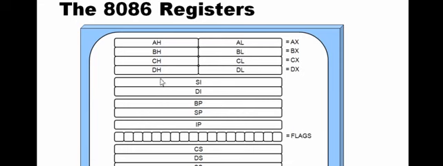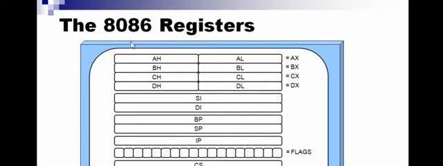The first look should be of the registers of 8086, because the CPU, the microprocessor, is everything in the programming of assembly language. So if you look at this picture, these are the registers we have with the 8086.